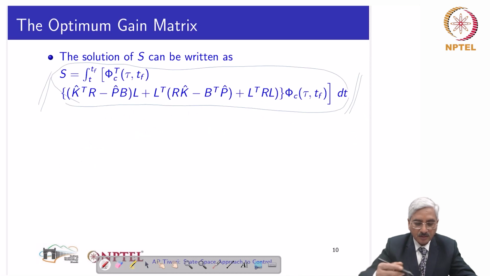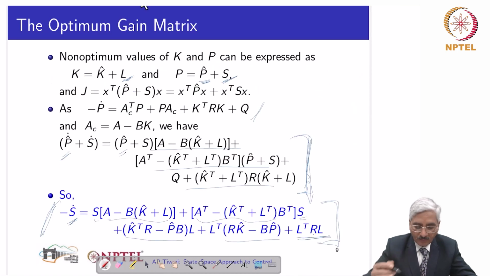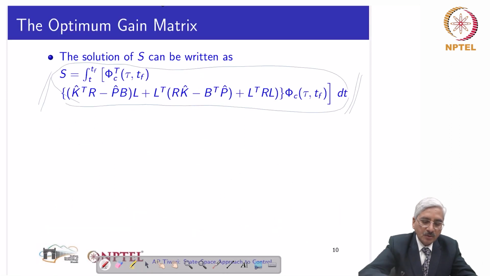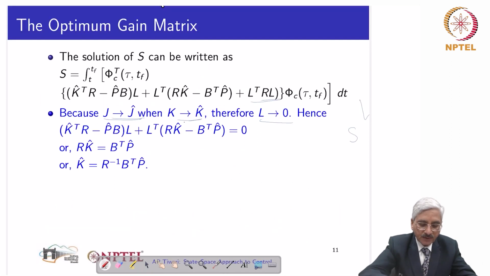The terms coming like this, S into B into L, those kind of products. Because S is small, L is small, we can ignore some terms of that kind, and we will be left with only this from this one.